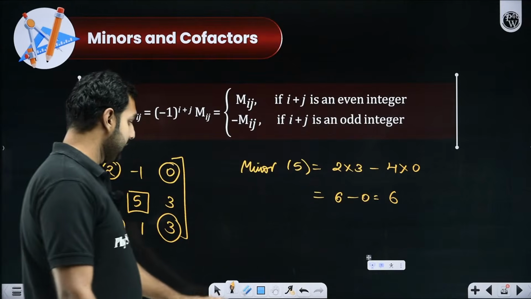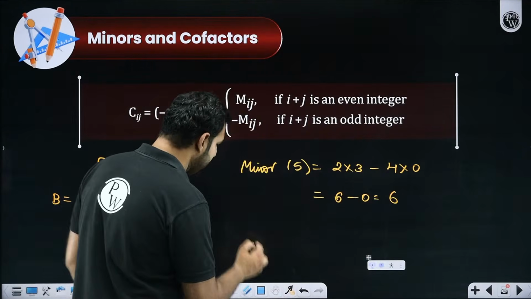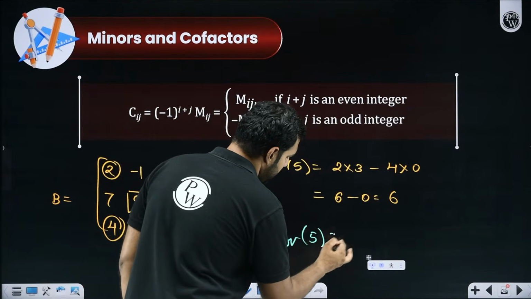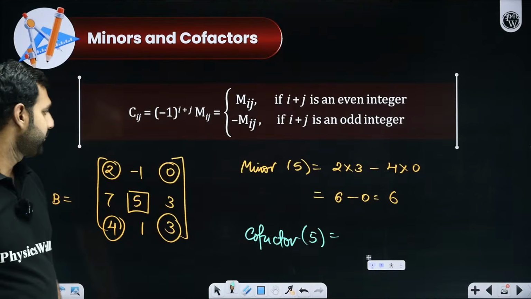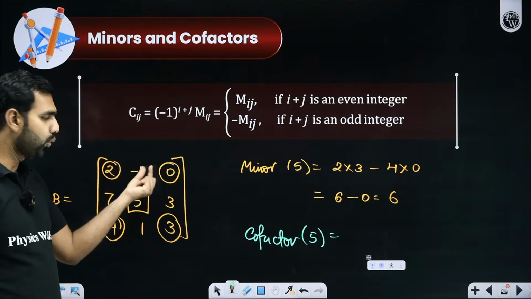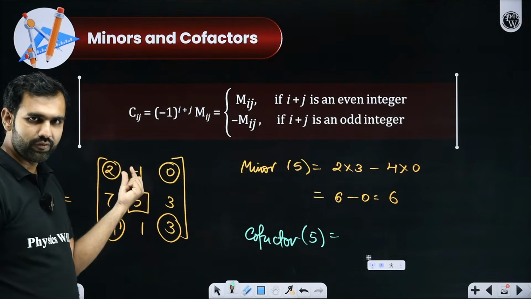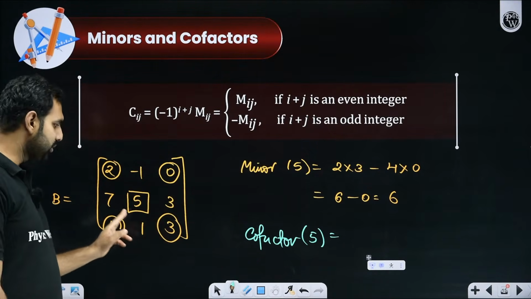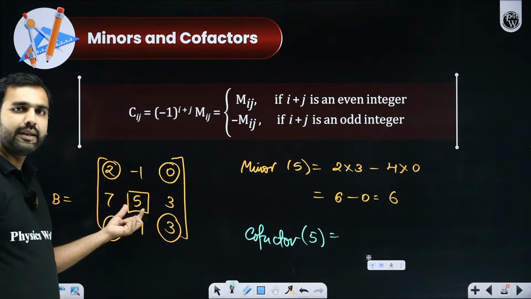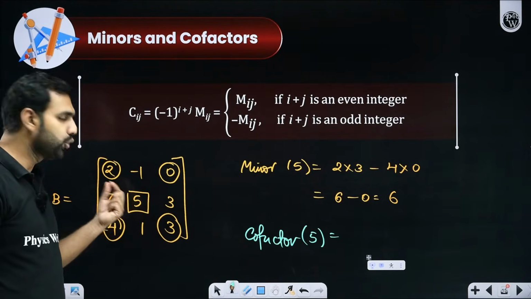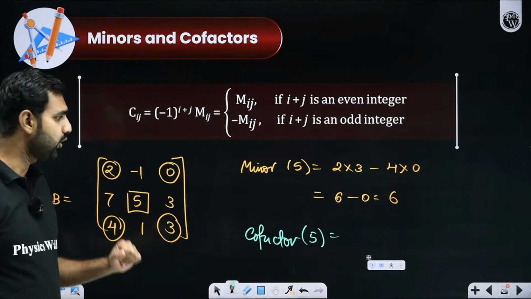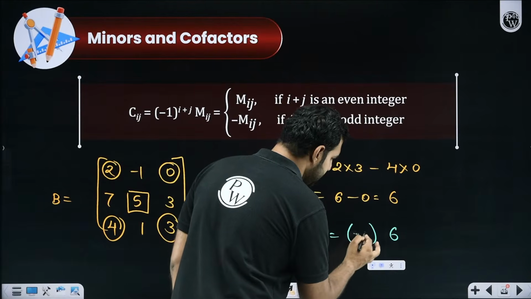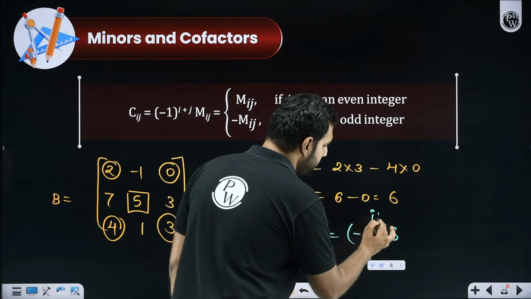Then, we are interested in finding the cofactor as well. So let us now find the cofactor of this 5. Tell me the position of this 5. 1,1, 1,2, 1,3: first row, first, second, third element. 2,1, 2,2, 2,3. 3,1, 3,2, 3,3. So this element has the position 2,2, second row, second column. So you write the minor of 5, which is 6, but this 6 you multiply by (-1) to the power i plus j.